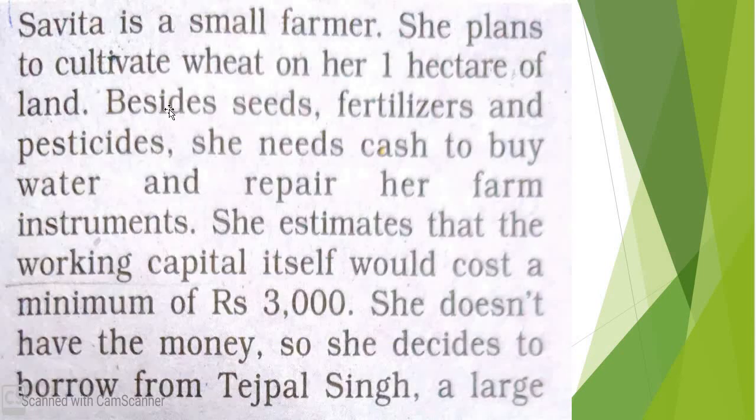So we also studied about Savita. Savita is a small farmer and she needs a certain amount of capital. She needs about 3,000 rupees to arrange for all that capital, and as a result she decides to borrow from Tejpal Singh.